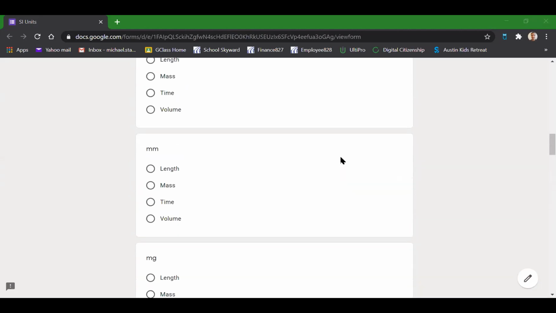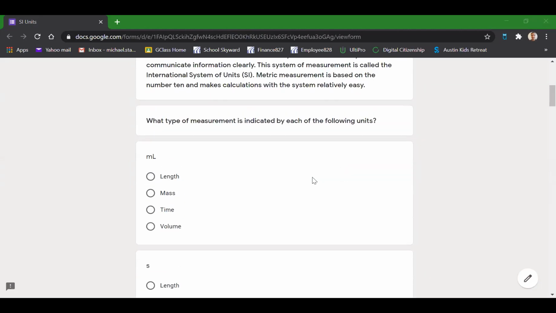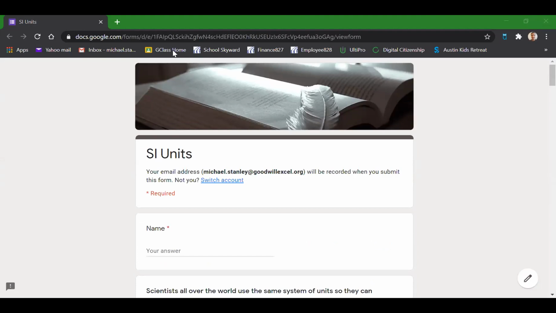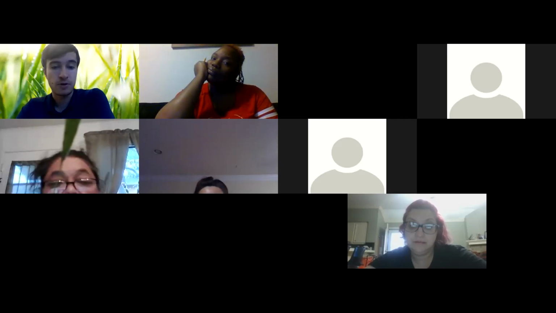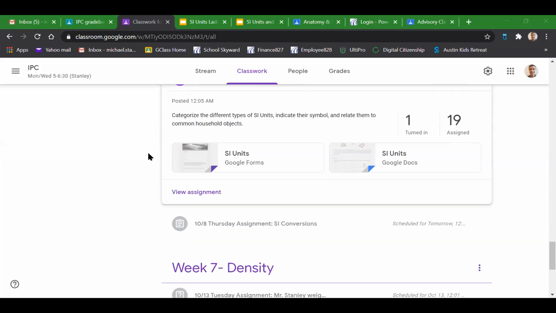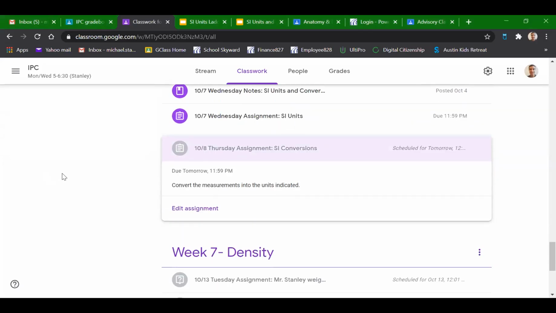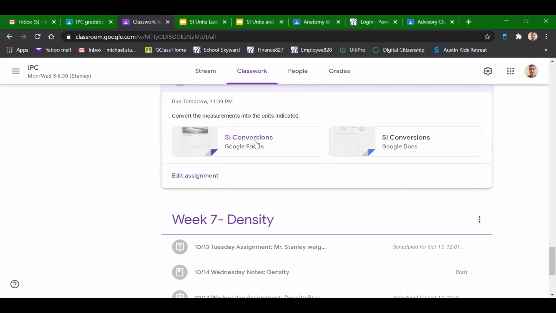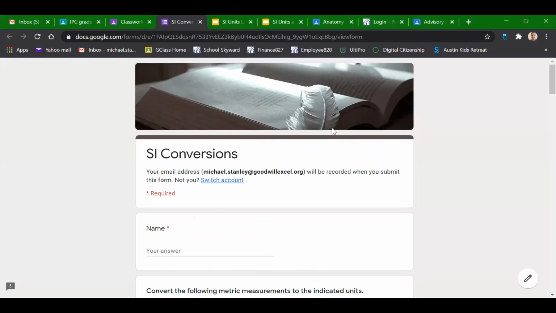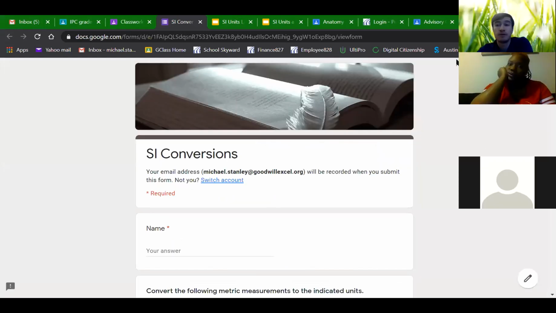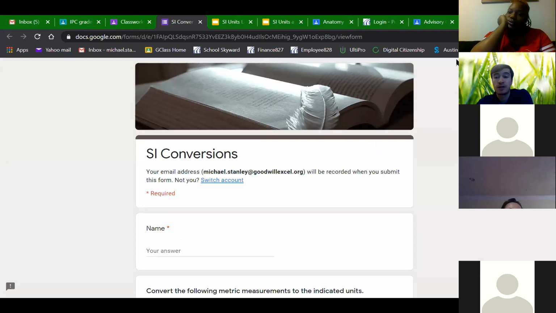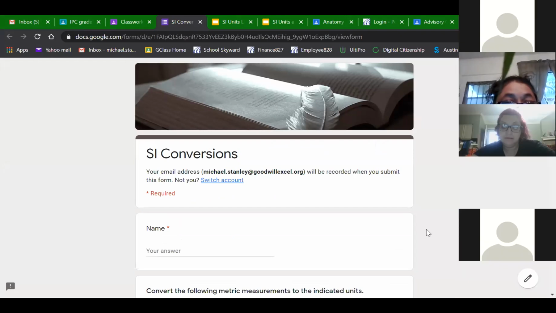And then tomorrow's homework is basically just a lot of examples of those conversions that we were doing earlier, a couple minutes ago. So there's just a whole bunch of different conversions, different values.